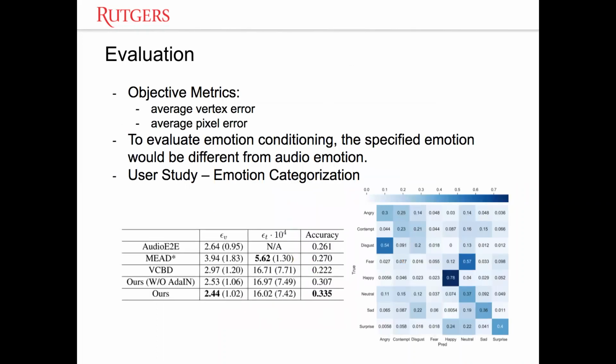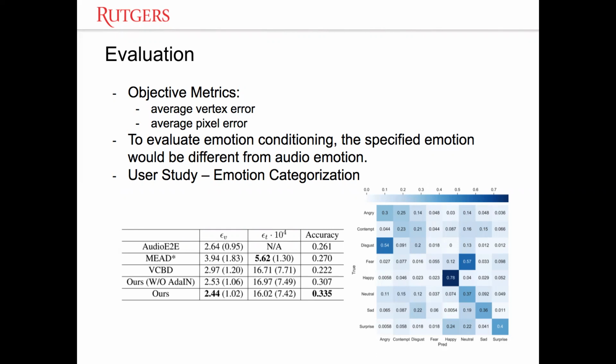Okay, in terms of evaluations, we have 2 objective metrics. We report the average vertex error and the average pixel error. Once we evaluate emotion conditioning, the specified emotion would be different from the audio emotion, and we don't have such data with different emotions.